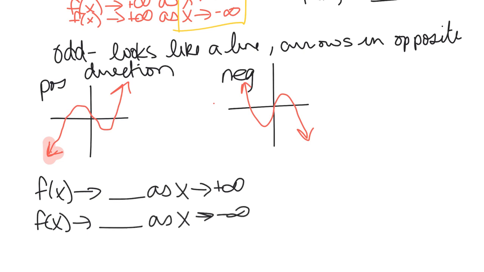So when we look at this graph, we see positive infinities over here. So let's put that on there, positive infinity, and the graph is going up, so it's going to positive infinity as x goes to positive infinity. And over here, we have negative infinity, and the graph is going down to negative infinity.